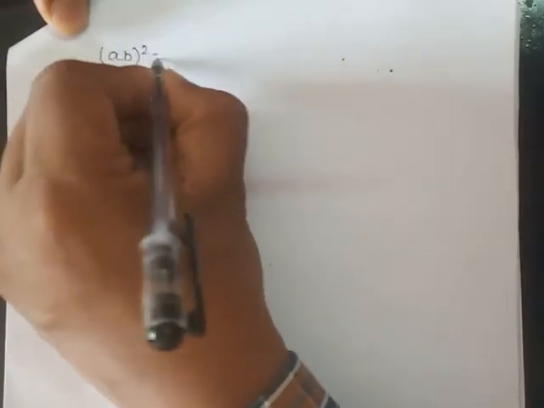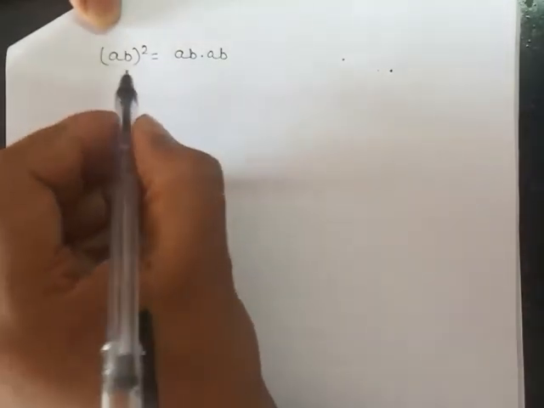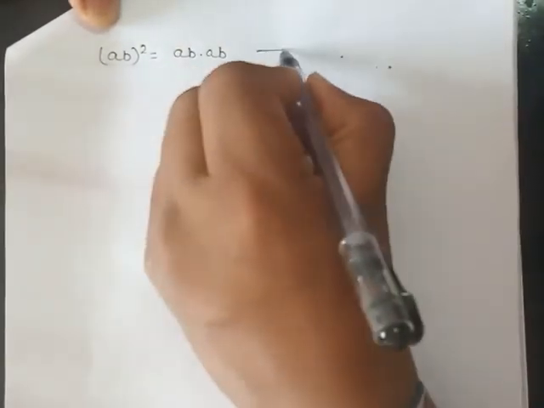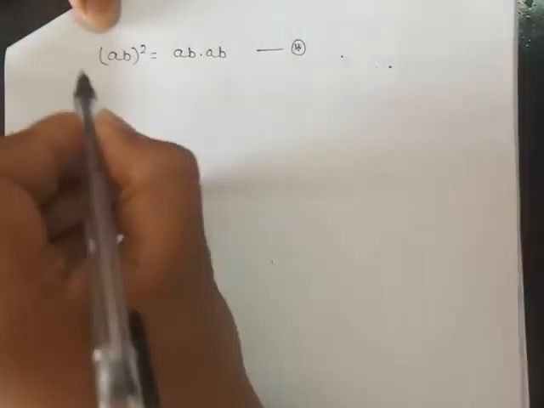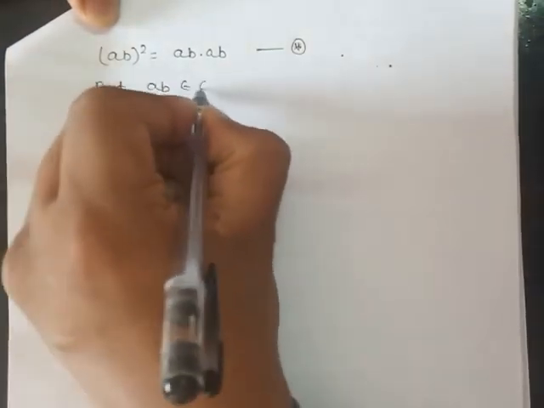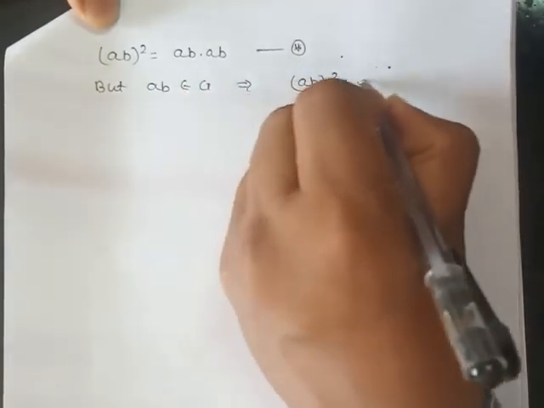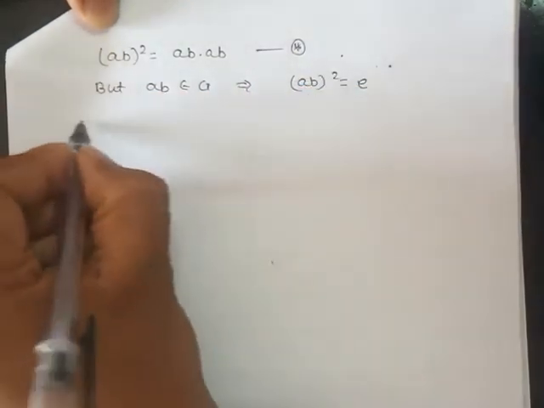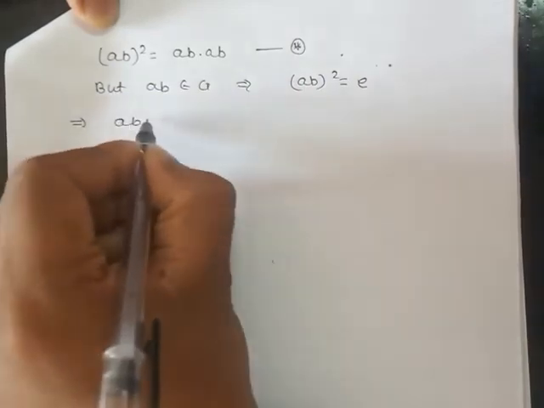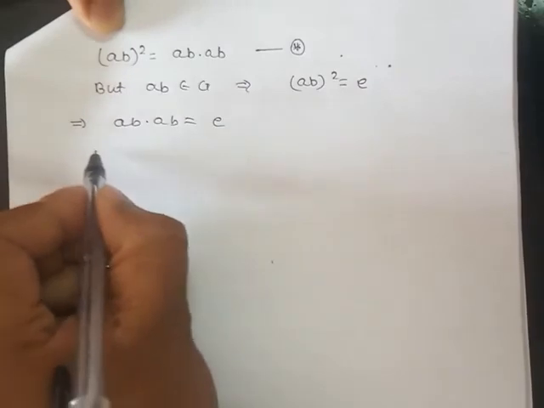Identity. So this implies that AB into AB is equal to identity.